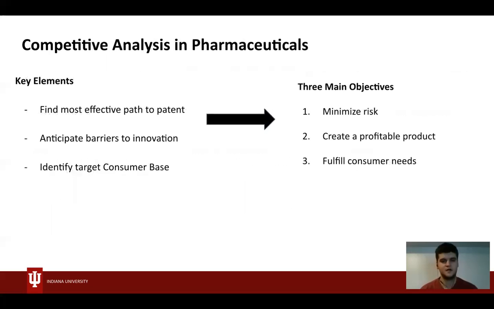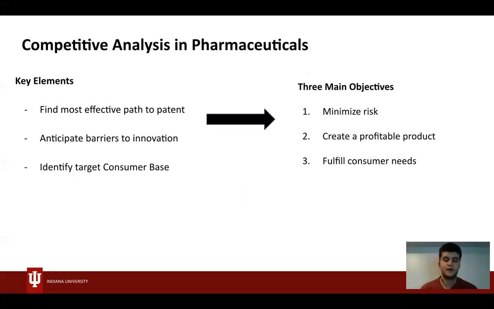Thanks, Dan. Yeah, so today we're going to be looking at the pharmaceutical industry and specifically how a strong competitor analysis can give a firm a significant advantage in bringing a product or drug to market. So one of the first key elements is finding the most effective strategic path to securing a patent.